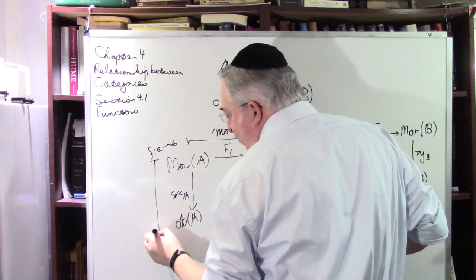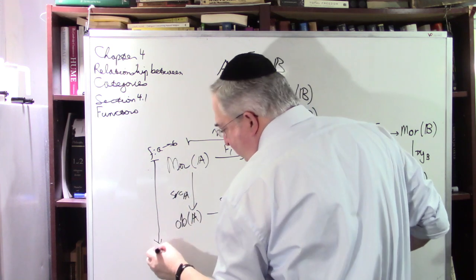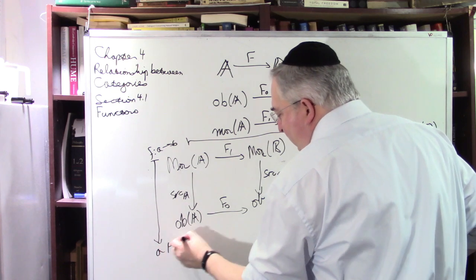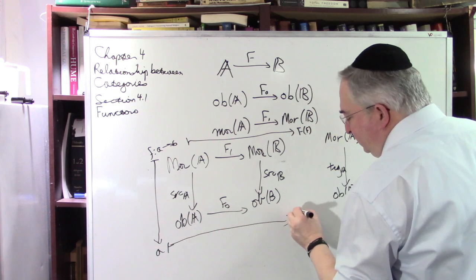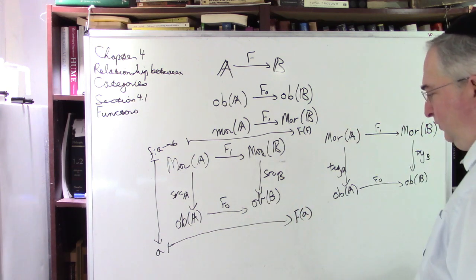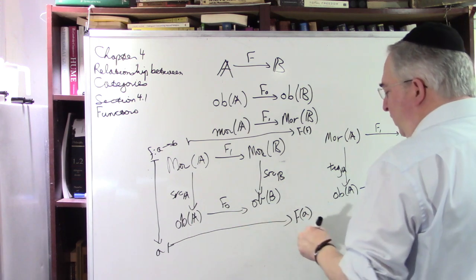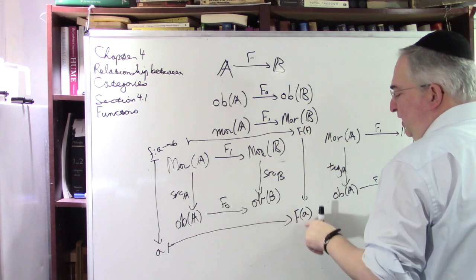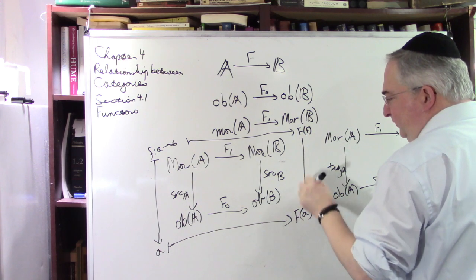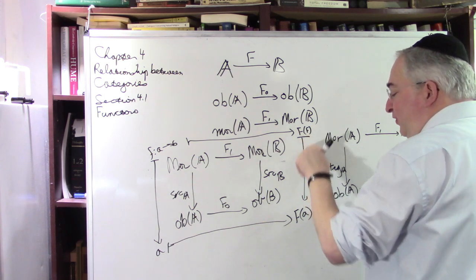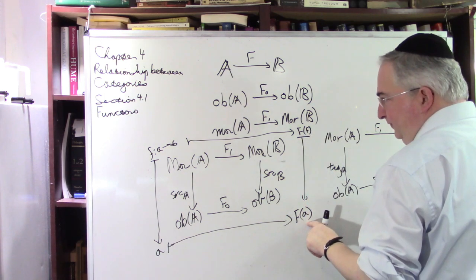Okay, the source of this morphism is little a, and this guy goes by this to F of little a. Well, guess what? I want that the source of this is F of a. So F of f should go from F of a.